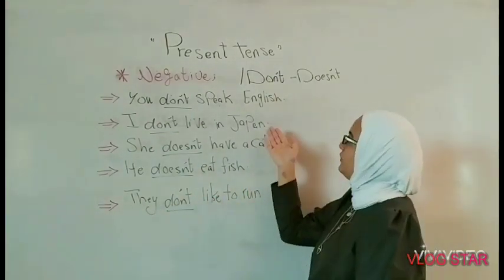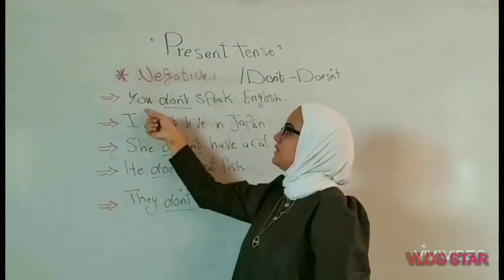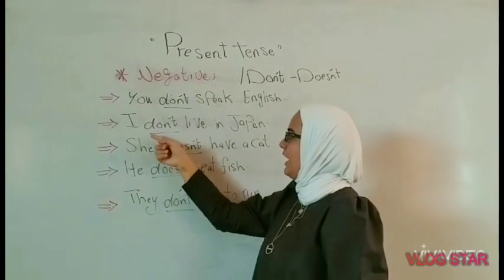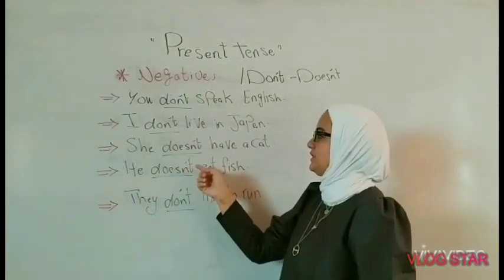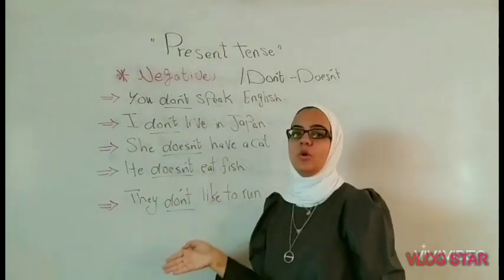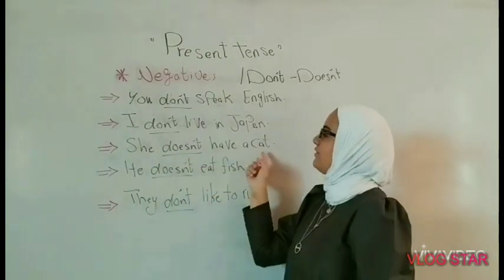So, the difference between don't and doesn't: we use don't with I, you, they, and we. And for doesn't, we use it with he, she, or it, as in this sentence, she doesn't have a cat.